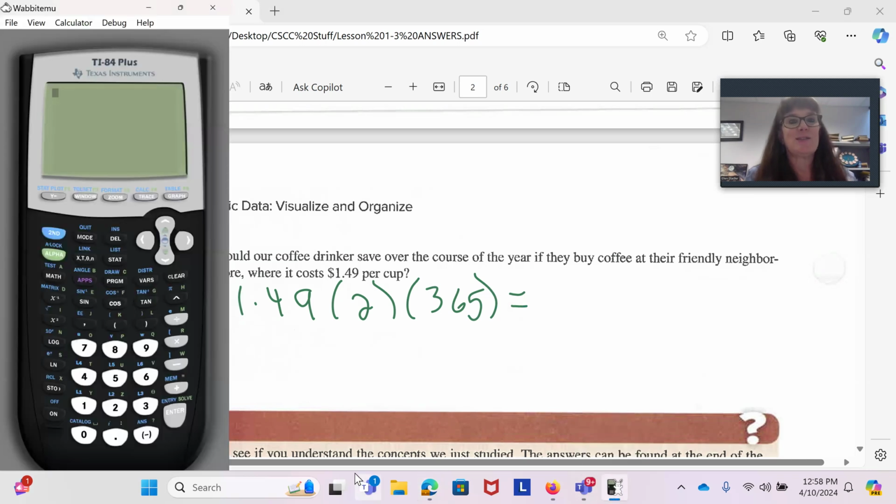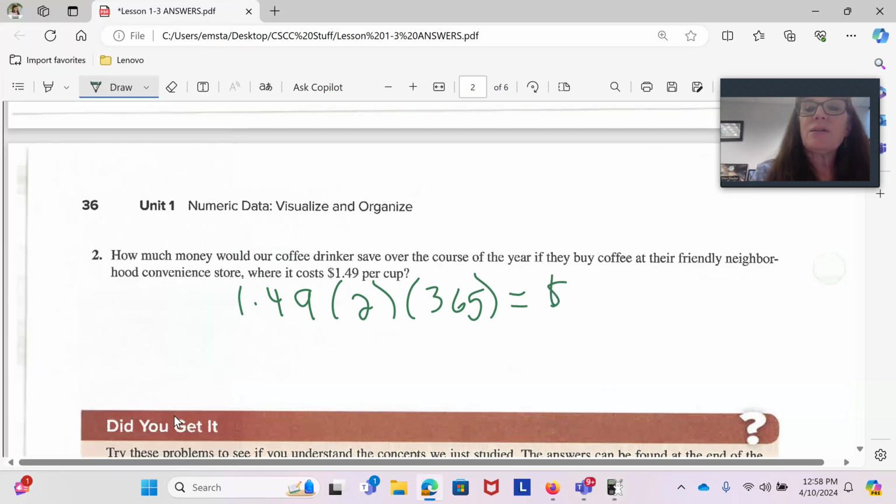So let's get out our calculators and put in $1.49 times 2 cups of coffee a day times 365 days a year. Our coffee drinker is going to spend $1,087.70.